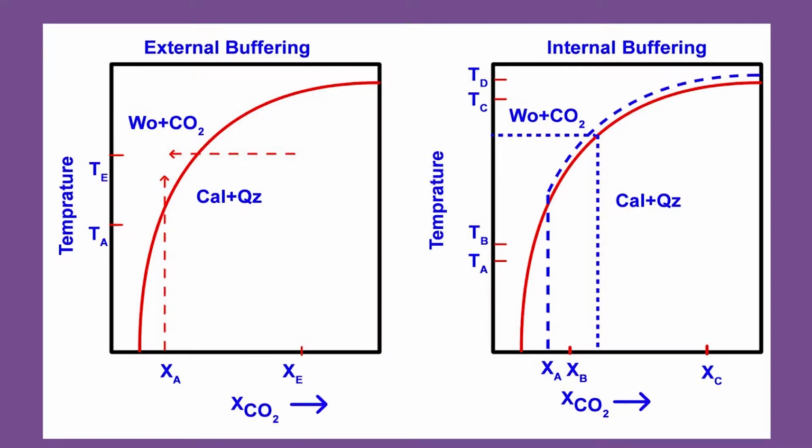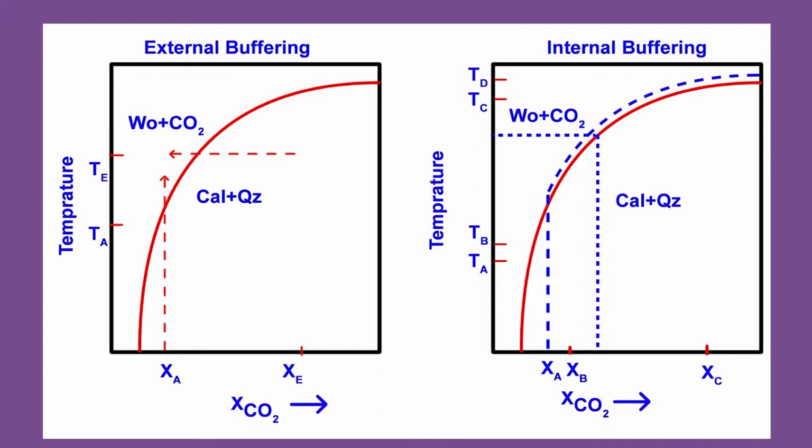The divariancy of the wollastonite forming reaction is represented by a T-XCO2 diagram in order to understand internal and external buffering.